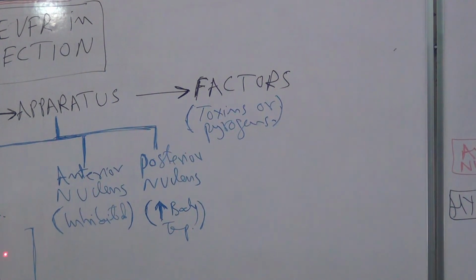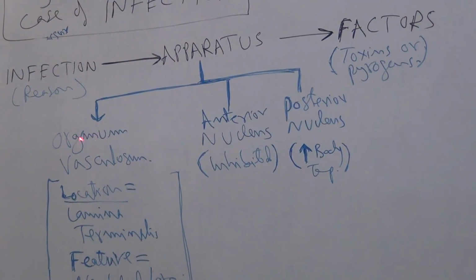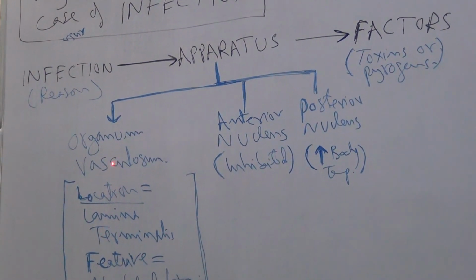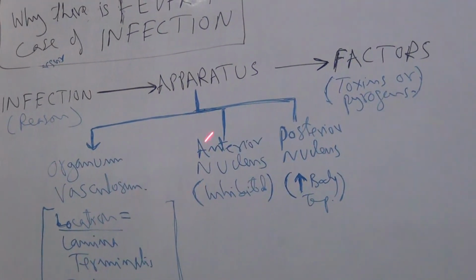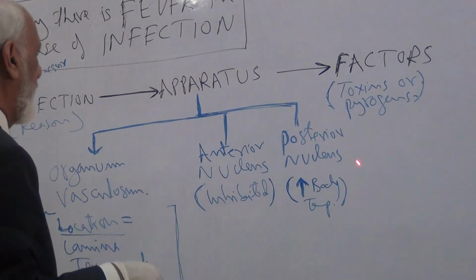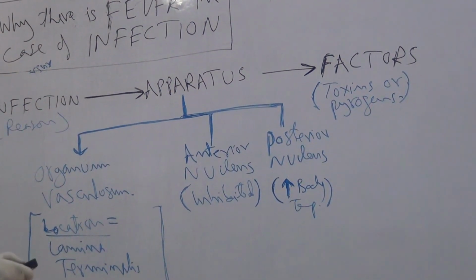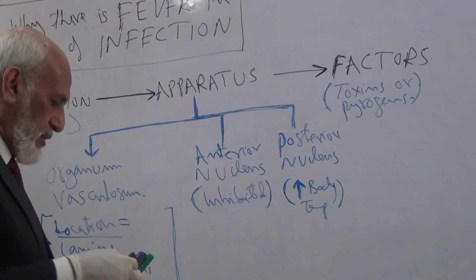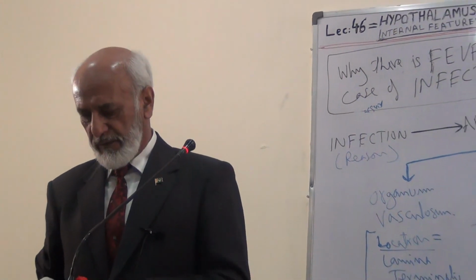They cross from the general circulation to the organum vasculosum, from the blood vessels of the organum vasculosum in the lamina terminalis. Because there is no blood-brain barrier, these bacteria easily enter the anterior nucleus and make the anterior nucleus inhibited. And the posterior nucleus is not affected, and the function of the posterior nucleus is to raise body temperature. Therefore, the posterior nucleus will be active. So these were the different factors involved in this.